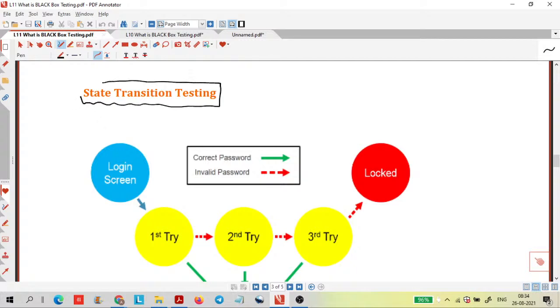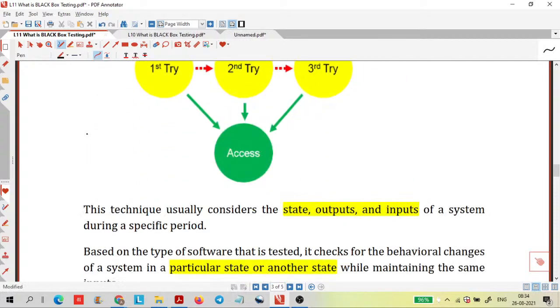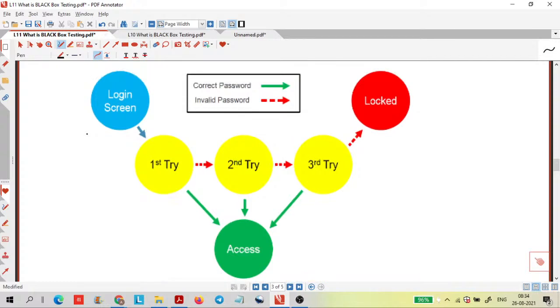One more type of testing is state transition testing. I think you people have observed this many times, like when you log in to your Gmail account or any login application. For the login screen, consider how the state changes. In the first try, if you provide the correct password, you can access it and the login will be successful.